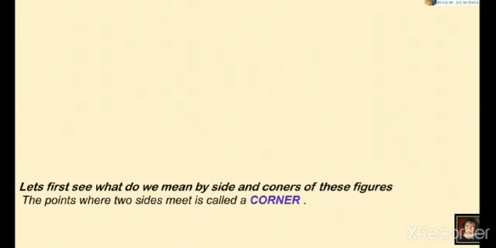Let us see what we mean by the corners of these figures. We are going to draw a square. The point where 2 sides meet is called a corner. Corner number 1, that means the 2 lines of the sides, when they meet each other, they form a corner.